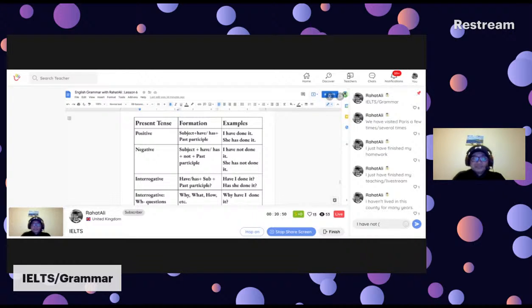I haven't done it. Now you're making negative form. Similarly, she has not done it. She hasn't done it. So if you make the contractions, sometimes your fluency increases. Instead of saying she has not done it, she hasn't done it.